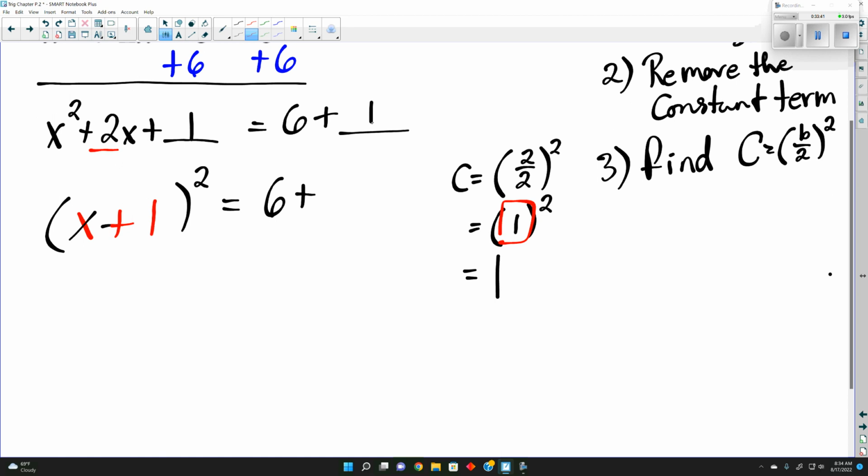Because most of the ones we'll deal with, the value of a won't be 1, and we're not going to divide it out. We'll actually factor it out. So it'll be a little bit different there, and that'll cause a difference. But as I said, we're still a little ways out. Well, we could have added those together in the step above. So really what we have is that x plus 1 squared is equal to 7, because 6 plus 1 is 7.